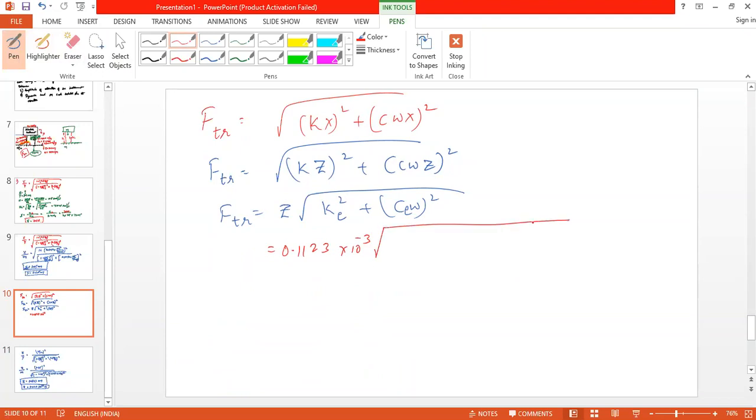So this is equal to 0.1123 into 10 power minus 3, multiplied by square root of K equivalent, which is (16 into 10 power 4) square, plus C equivalent, which is 2000, multiplied by omega, which is 105 radians per second.